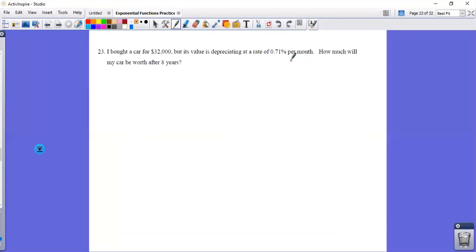So this value is depreciating per month. How much will it be in 8 years? Since months are smaller than years, that's a multiply, right? So that would be 1 plus the, oh, it's depreciating. So it'd be 1 minus the rate, and it would be 12 times the number of years, right?